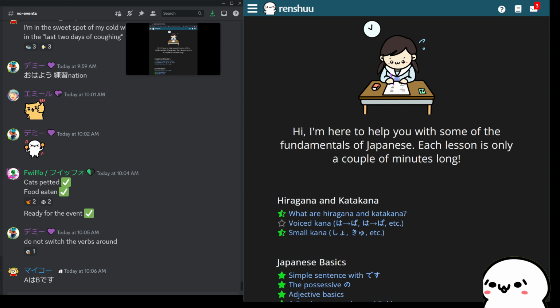But initially, there's a lot of, I'm not exactly sure why this acts the way it does, but this is a pattern and this is the pattern I'm going to use. And we focused on the A wa B desu pattern last week. And we all were practicing talking about what our names were and if we're sleepy or if we're cute or whatnot.